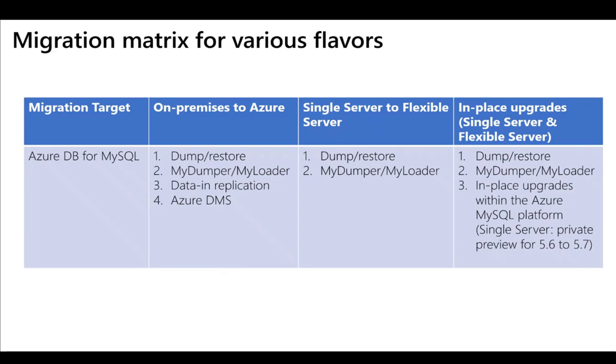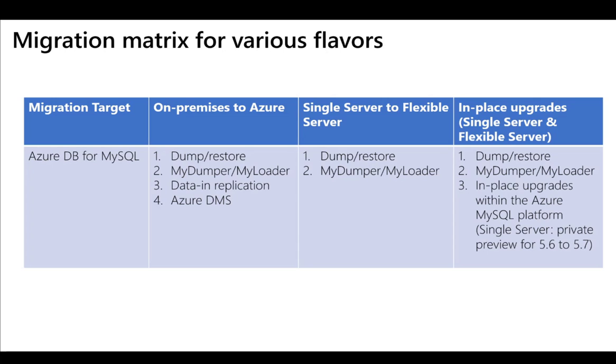So we have different flavors from the migration perspective. Obviously, one of the key use cases is from on-premise to Azure, or from AWS or GCP to Azure. But as we mentioned in the beginning, we have two different deployment options right now: single server and flexible server. So we have a lot of customers who are doing the migration from single server to flexible server.